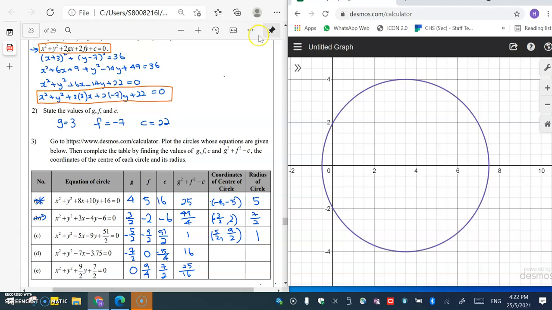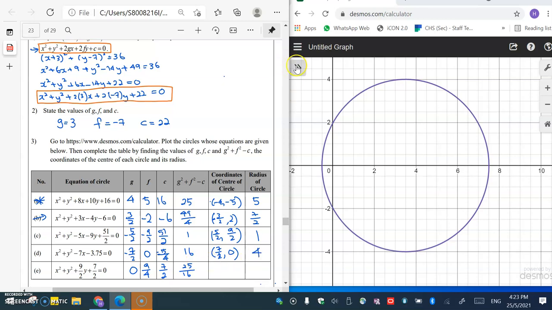So let's put that in my notes. 3.5 and 0. This is 3.5, and then all the way over here is minus 0.5. So if I calculate, the length of my radius is about 4 units.